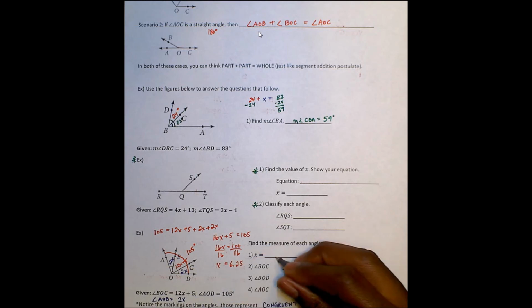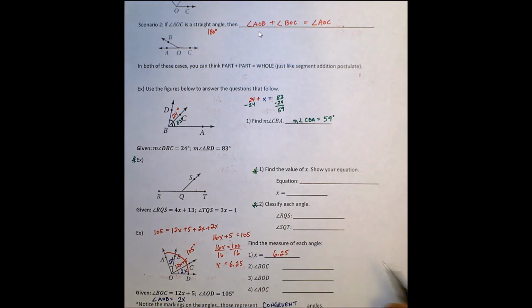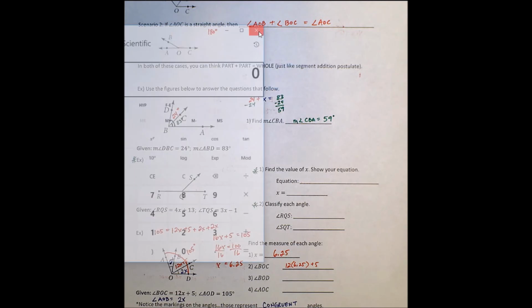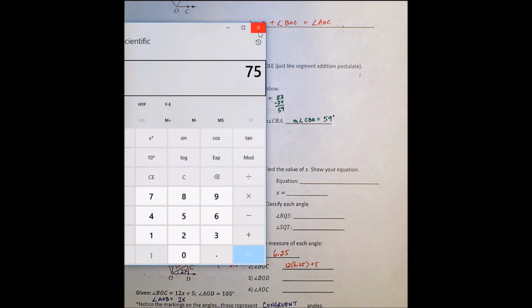Okay, so 6.25. Now we can use that information to find out what BOC is, what BOD is, and what AOC is, just by plugging it in. We can say 12 times 6.25 plus 5, which would be 80 for BOC.